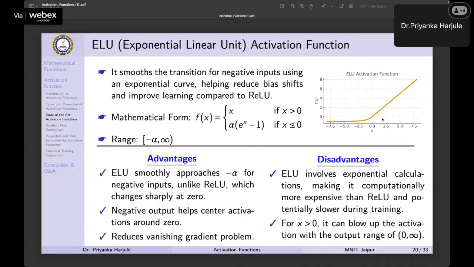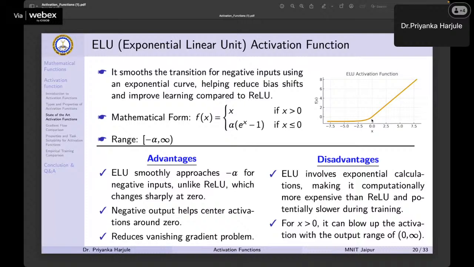So the advantage is that it comes with a smooth transition at x equal to 0, as seen here from the graph. There are negative outputs which approach minus alpha. So it makes the mean activation closer to 0, which helps convergence, and it also reduces the vanishing gradient problem.